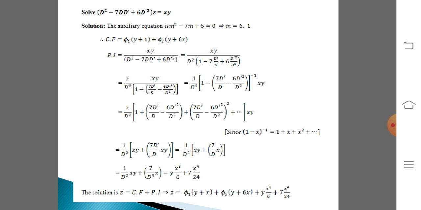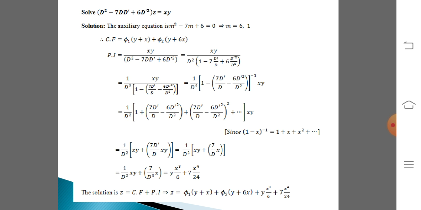So you know the binomial expansion, that 1 minus x power minus 1 equal to 1 plus x plus x square plus x cube plus etcetera. So using this binomial expansion, you can expand 1 minus of 7D dash by D minus 6D dash square by D square power minus 1.